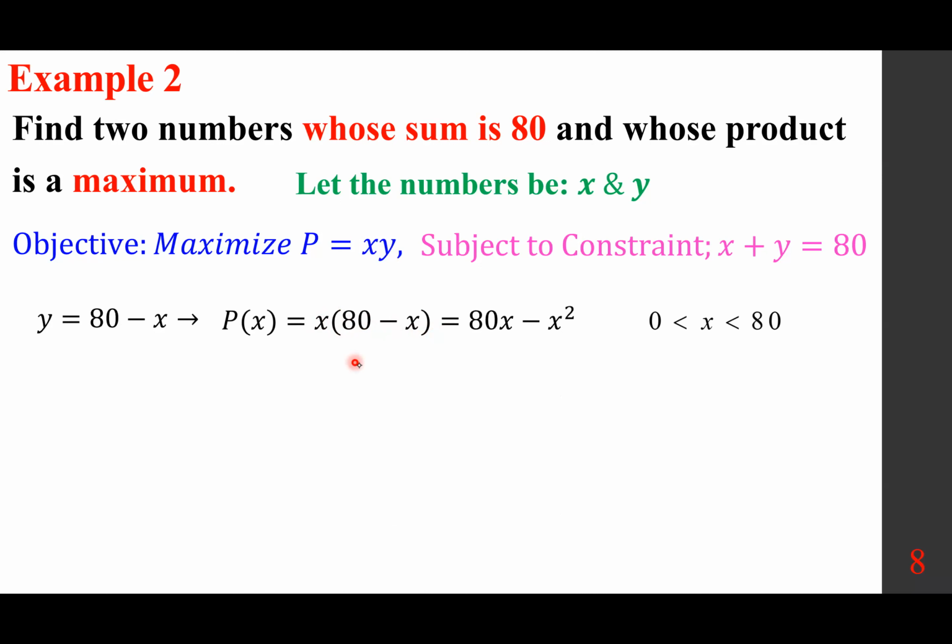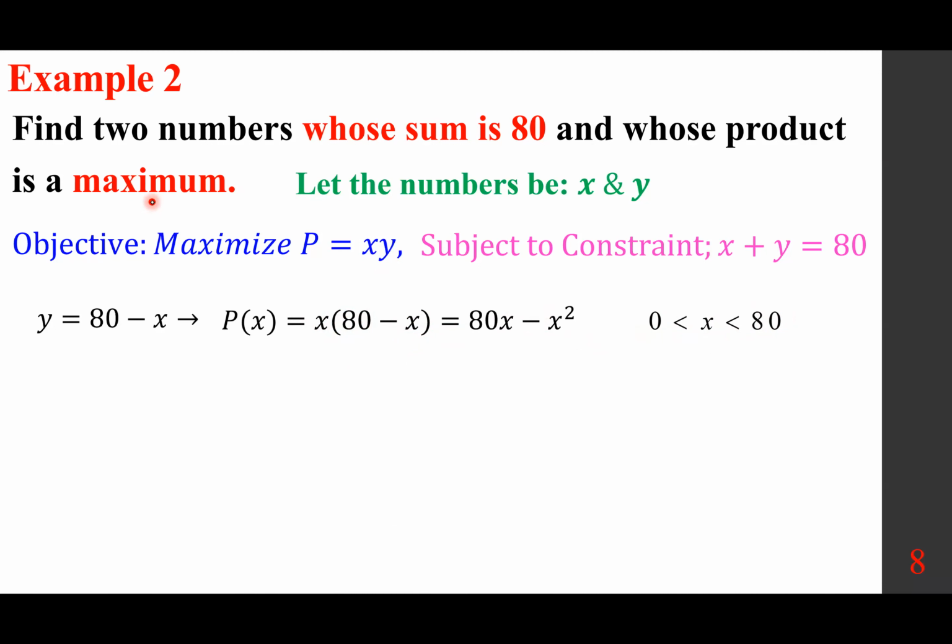That's why x is between 0 and 80. If you set this one equal to 0, x becomes 0. If you set this one equal to 0, x becomes 80. If you choose x larger than 80, this becomes negative, so their product becomes negative. Since we are maximizing, we want to avoid negative numbers as well as zeros.